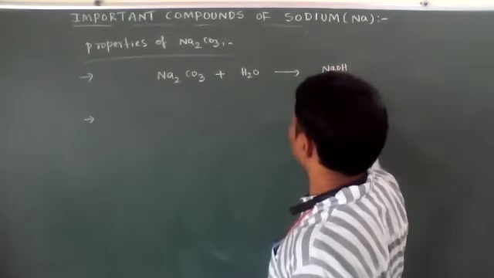Listen carefully. NaOH is a strong base and H2CO3 is a weak acid. So Na2CO3 is a salt of a strong base and weak acid. Such a salt has basic nature.